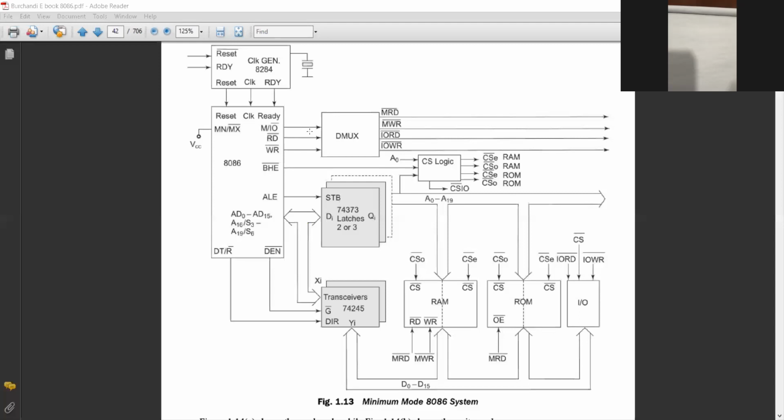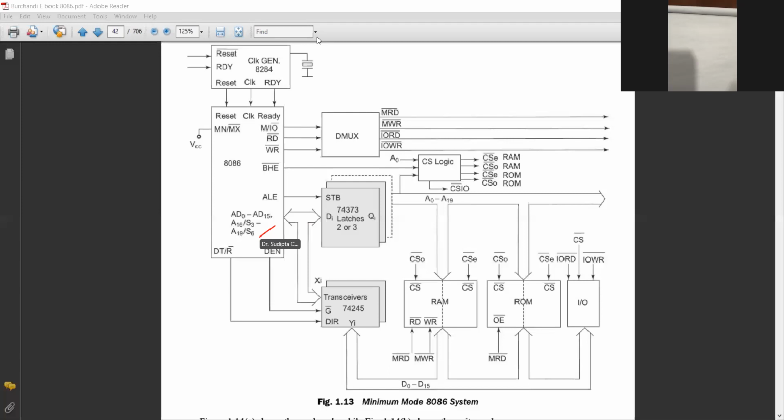So with respect to that, I can conclude that AD0 to AD15, and A16/S3 to A19/S6, are bidirectional in nature.